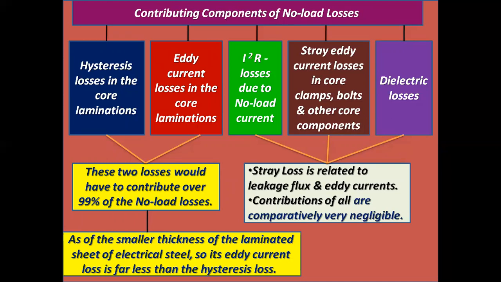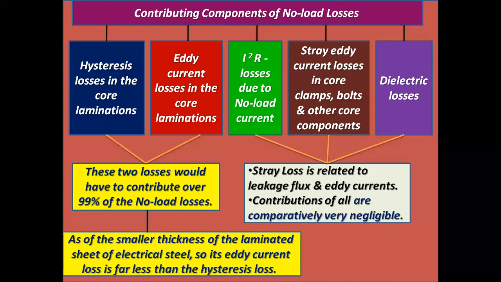Now, hysteresis loss and eddy current losses in the core laminations, these two losses contribute over 99% of the no load losses. Because of the smaller thickness of the laminated sheet of electrical steel, its eddy current loss is far less than the hysteresis loss.